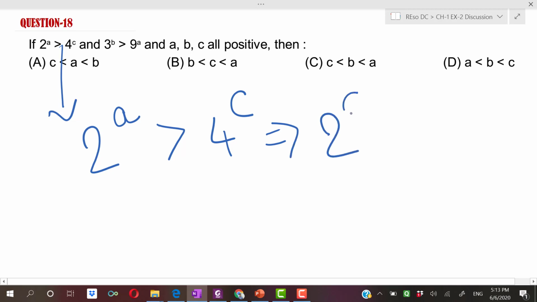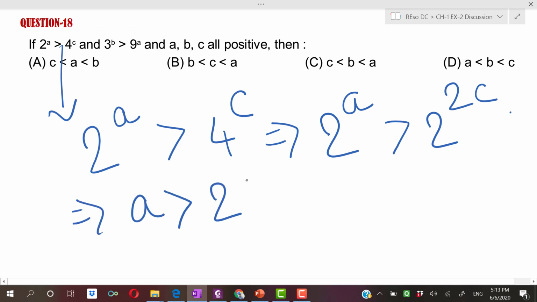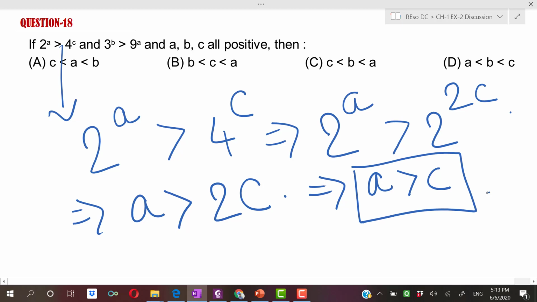That means 2 raised to the power a will be greater than 2 raised to the power 2c, or I can say that a will be greater than 2c. Okay, that means a will be greater than c. If a is greater than 2c, that means a will be greater than c.